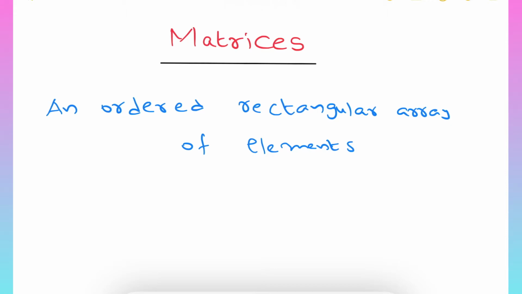A matrix is represented with a capital symbol. Inside the square brackets we write the elements, like 1, 2, 3, 4, 5, 6.